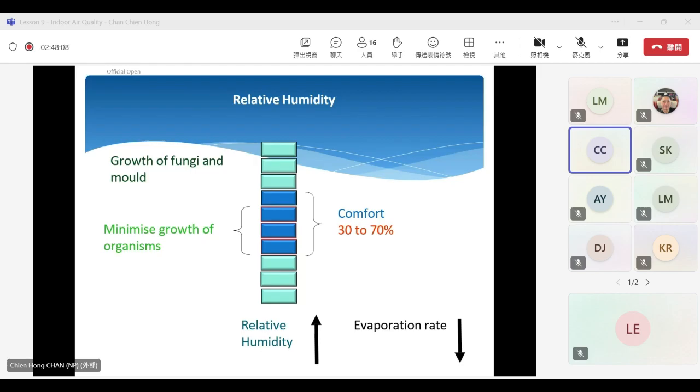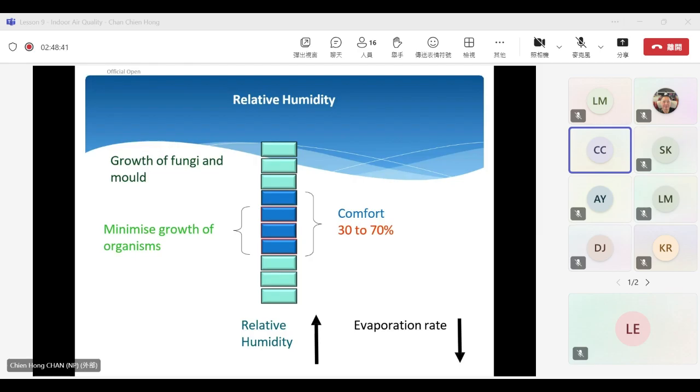The relative humidity has other effects. If the relative humidity becomes high, the growth of fungi and molds becomes very rapid. And if you are able to maintain the relative humidity of the air in the lower region, less than about 50, 60%, then there is a good chance the fungi and mold cannot form.